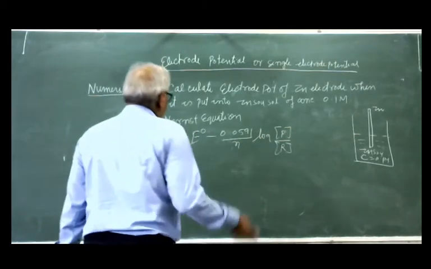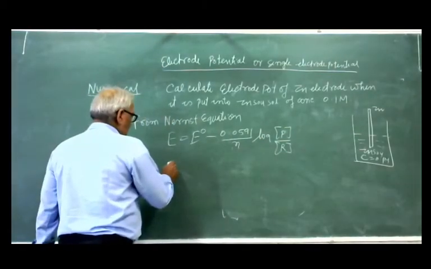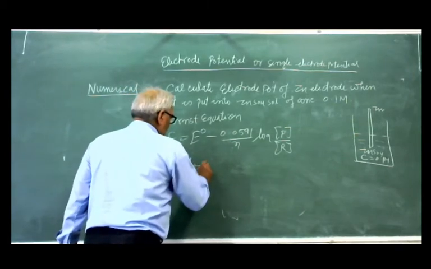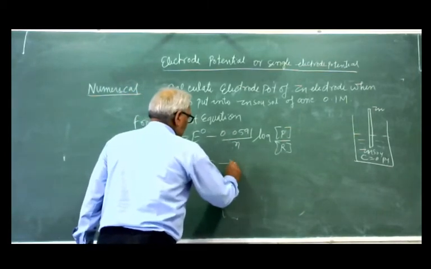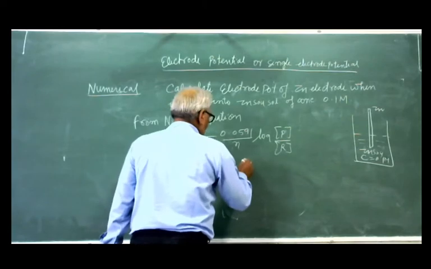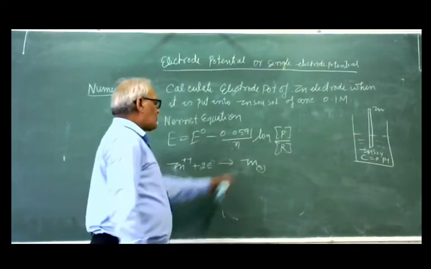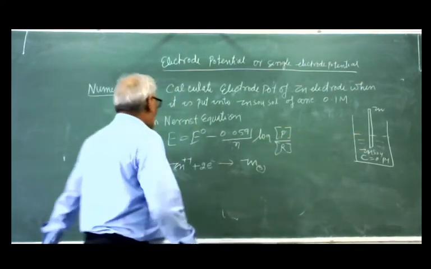Let's see what the reaction is. Zinc ion plus 2 electrons gives zinc metal, zinc solid. So the product is solid.